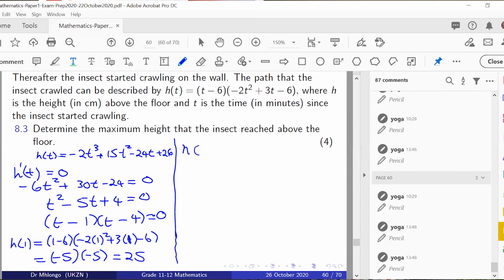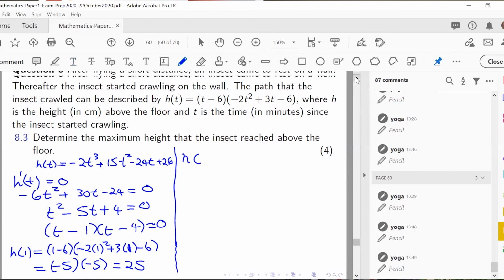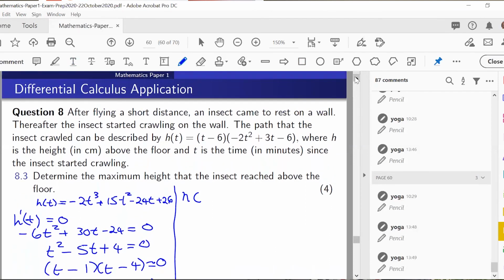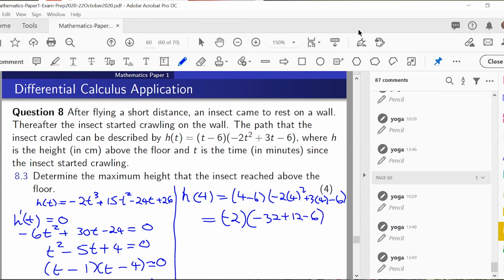We can also use 4. h(4) will be (4 minus 6) into (minus 2 times 4 squared plus 3 times 4 minus 6), and that will be minus 2 into, now here we will have minus 32 plus 12 minus 6.